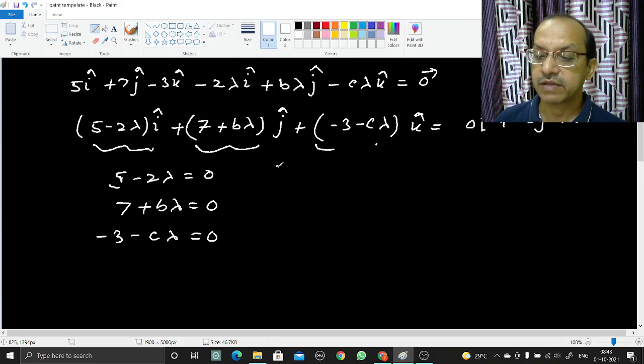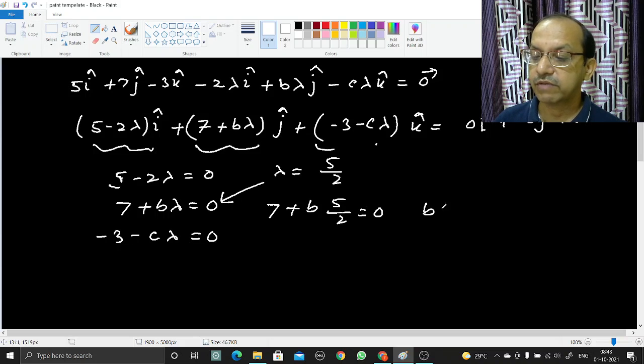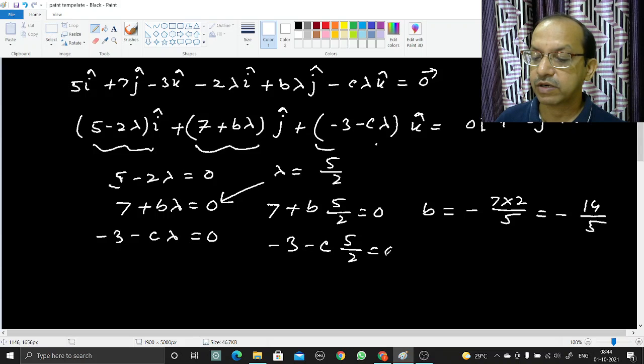With this we have lambda equal to 5 by 2. We put lambda here. That means 7 plus b into 5 by 2 equal to 0, so b will be equal to minus 7 into 2 upon 5, or minus 14 upon 5. Here, minus 3 minus c into lambda, 5 by 2, equal to 0.